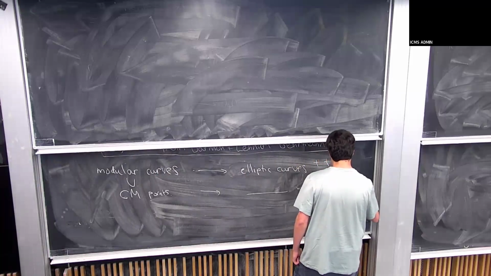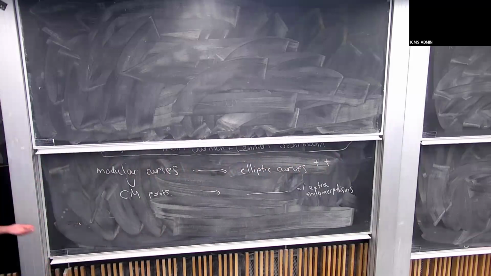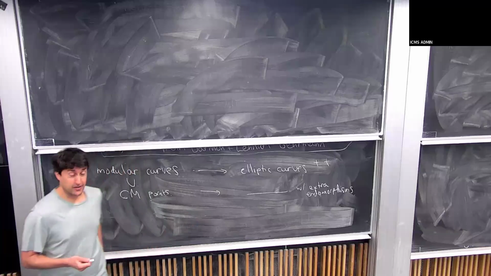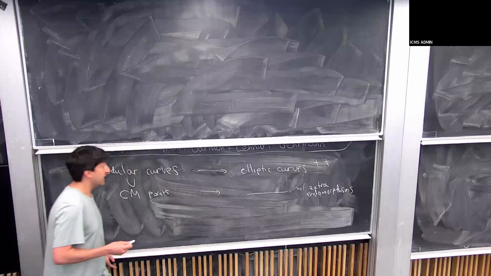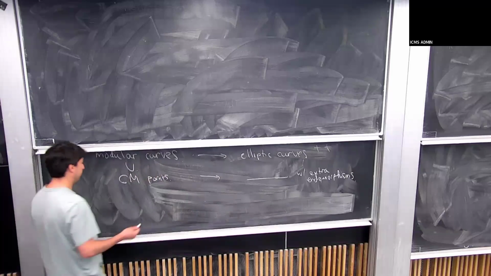So basic to this theory, over a field of characteristic 0, an elliptic curve has endomorphism ring which is either Z or an order in an imaginary quadratic field. Okay, so endomorphisms by imaginary quadratic fields.